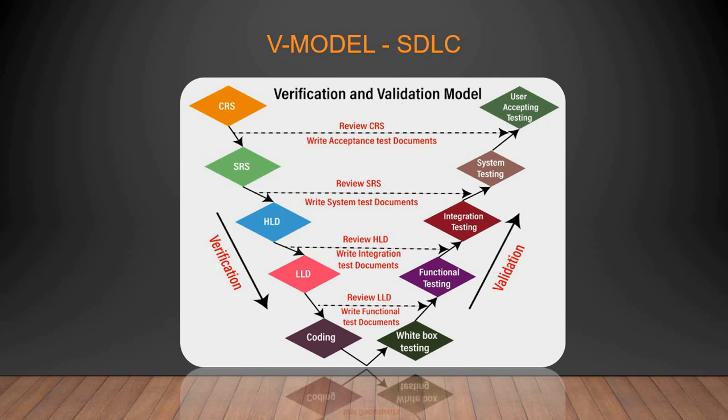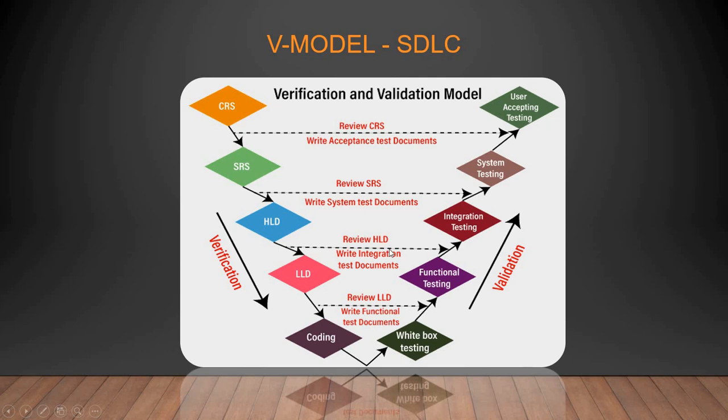In the next stage, the development team sends the SRS to the testing team for reviewing, and the developers start building the HLD, high level design document of the product. The test team is involved in reviewing the SRS against the BRS and writes system test plans and test cases.